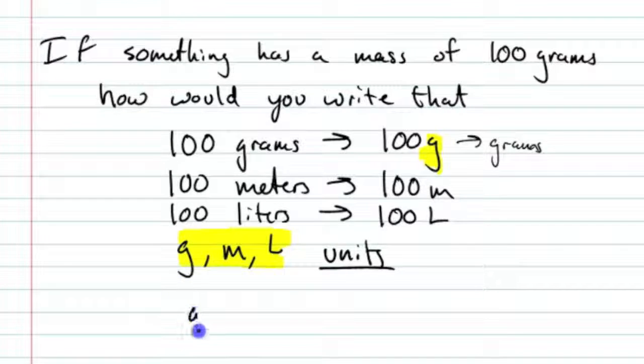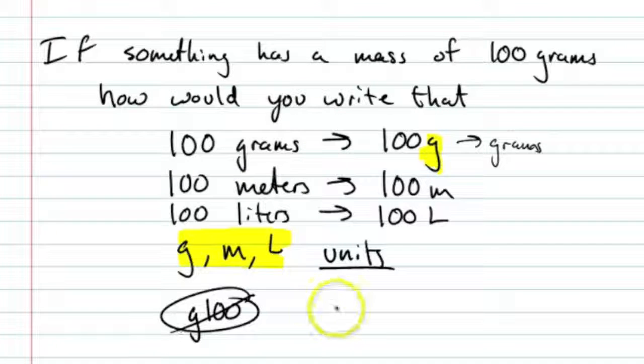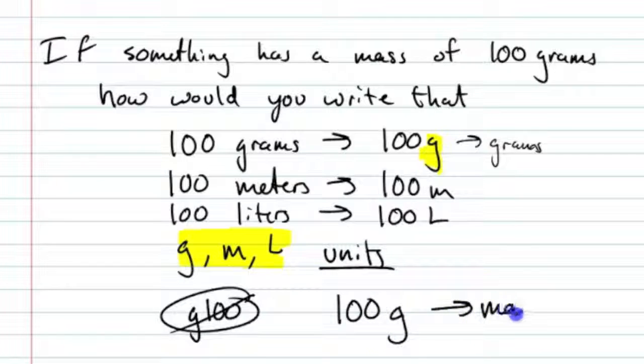So if you see something like G100 or something like that, that doesn't mean anything to me. That doesn't mean anything in physics. But 100 grams tells me that we're talking about a specific mass. And that number needs to be there. If you just tell me 100, I have no clue what we're talking about.